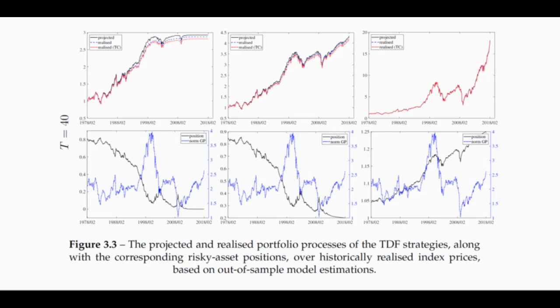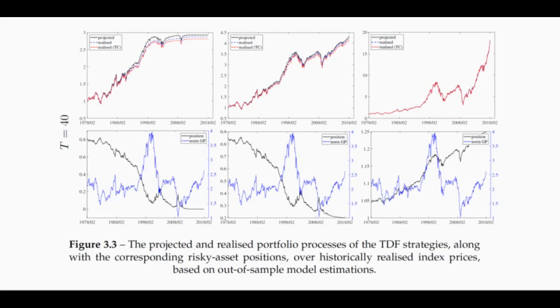Similarly, we can see similar patterns for risk aversion coefficient 5, where the initial investment is highly risky, nearly 80% plus. And toward the end, it is decreased to around 20%.